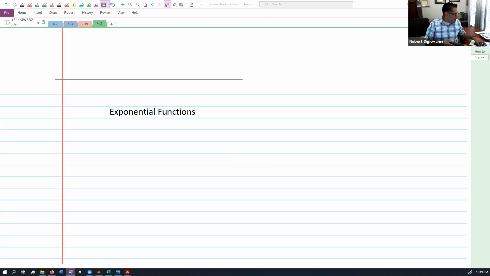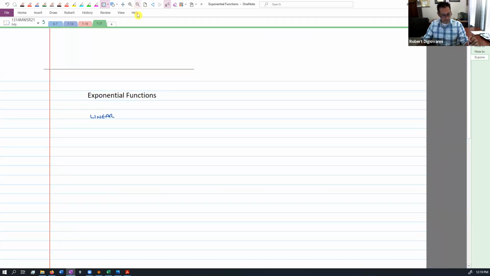Okay, everyone, let's get back to work here. So what we've done so far in the class in terms of functions is we've looked at lines. So we've looked at linear functions. We've looked at quadratic. We've looked at polynomials.